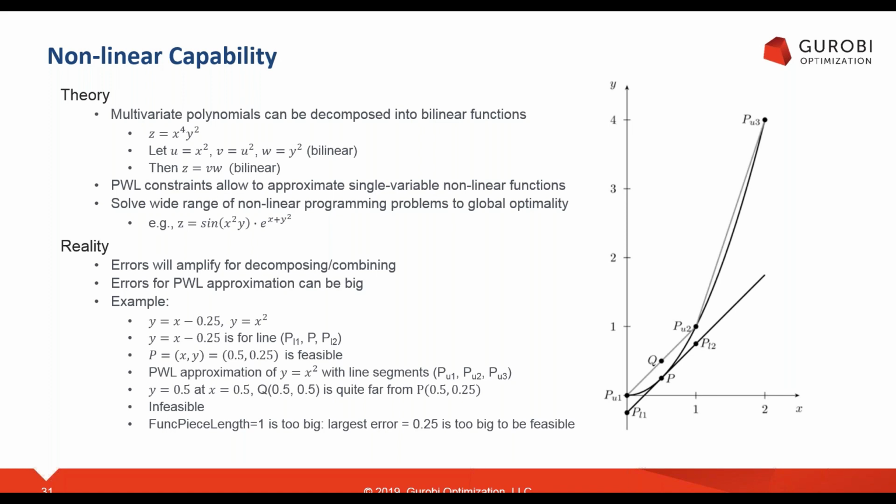So let u be equal to x squared, v be equal to u squared. So that means v is actually equal to x to the power of 4. And then w being equal to y squared. These are 3 bilinear constraints. And then you add a 4th bilinear constraint that says z is equal to v times w. And using this, you have actually modeled that z is equal to x to the power of 4 times y to the power of 2.